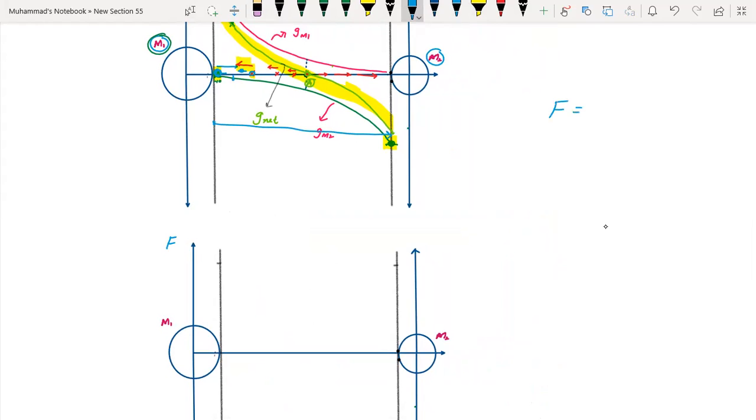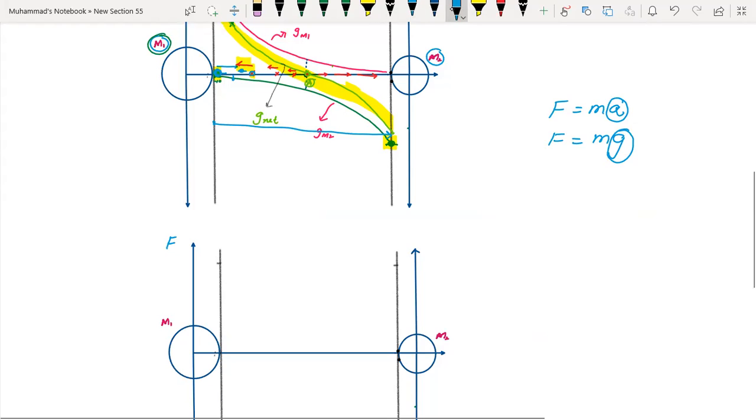Net force is equal to MA, and over here the force on an object in a gravitational field will be mg. This is the gravitational field strength. So as the gravitational field strength changes, the force on that object must change.